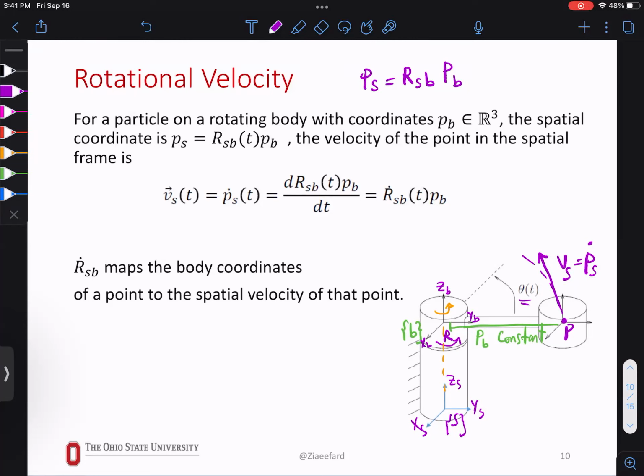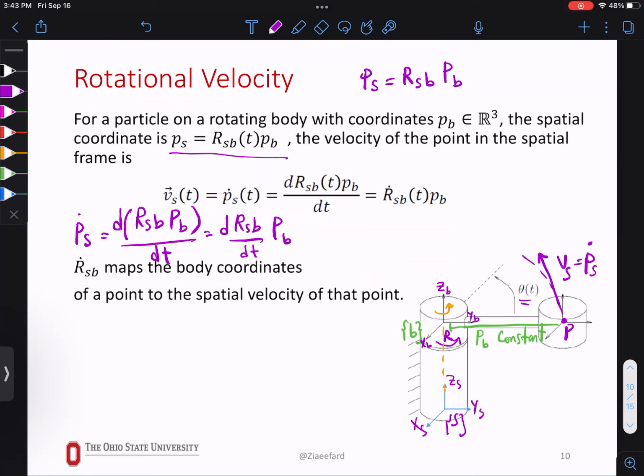We could say that P dot of S, if this is P, is going to be d(RSB PB)/dt. Now, to get the differentiation of this expression, we can simply differentiate RSB, so d RSB/dt, and bring PB outside.